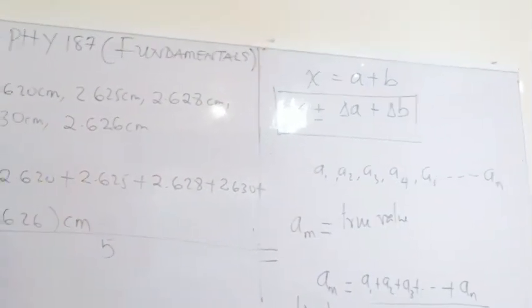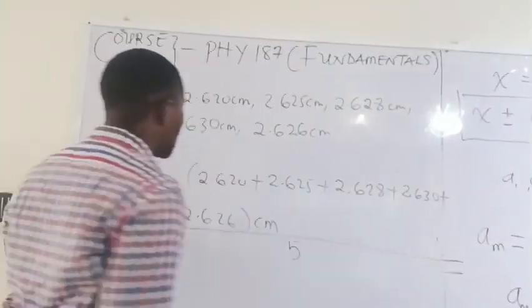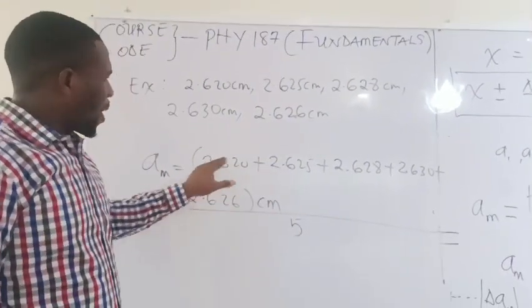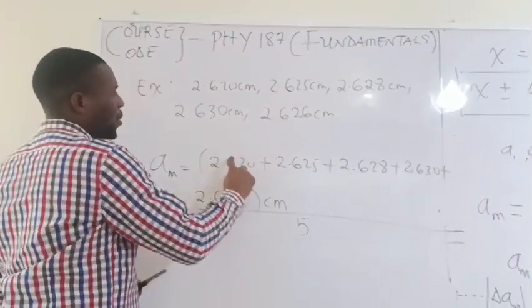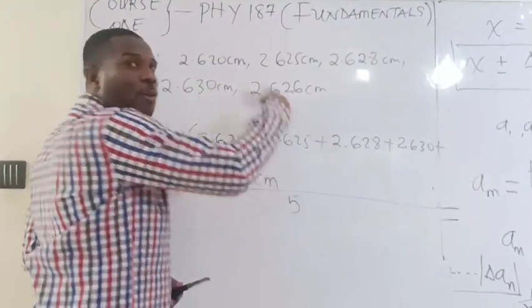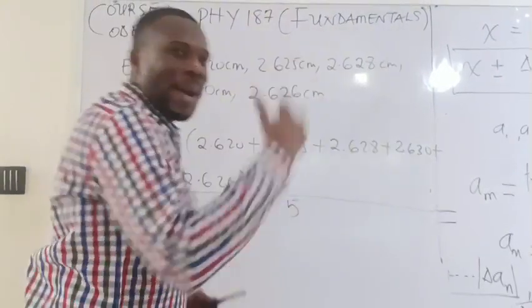Now if you look at the measured values, they are all given to 3 decimal places. So I could factor out 10 to the power minus 3.